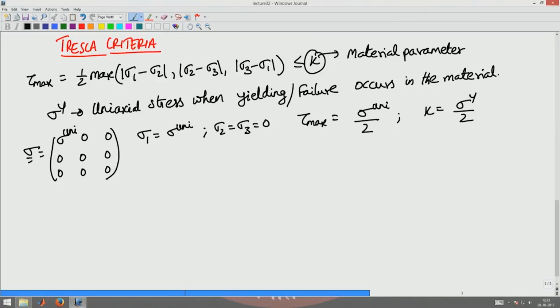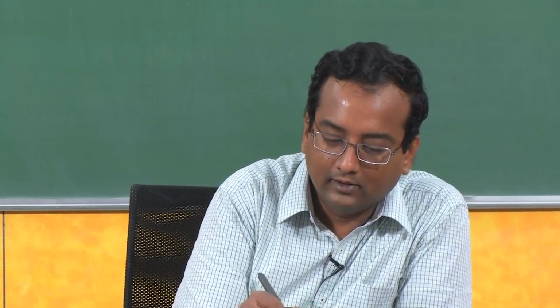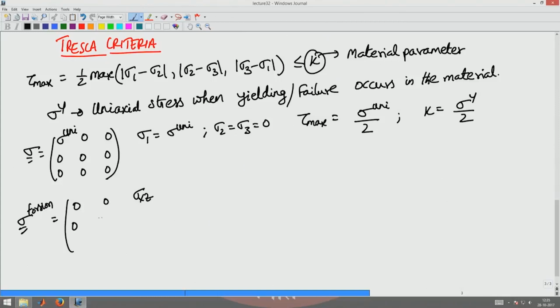Now, having found kappa, I can use this to estimate the failure load in shear. For example, I do a torsion experiment. I know that the stress tensor for a torsion experiment is given by 0 0 sigma xz, 0 0 sigma yz, sigma xz sigma yz 0.